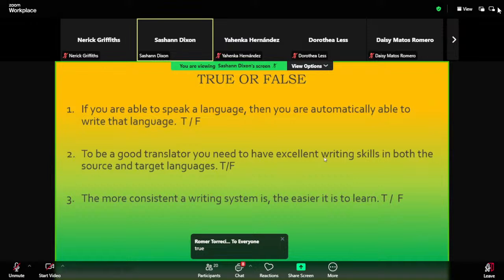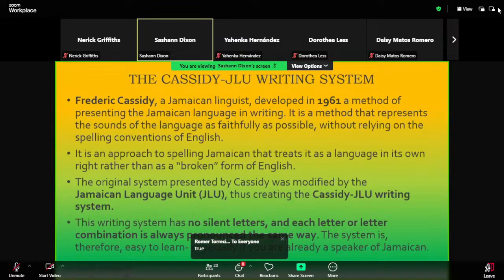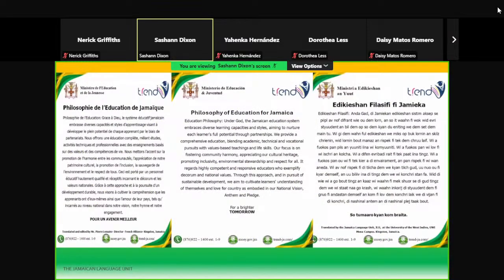So let me allow you to have a look at, I'll jump back to that in a sec. So have a look at what's on the screen. Again, you should have 3 pictures there, and you should see a progression involving 3 languages.